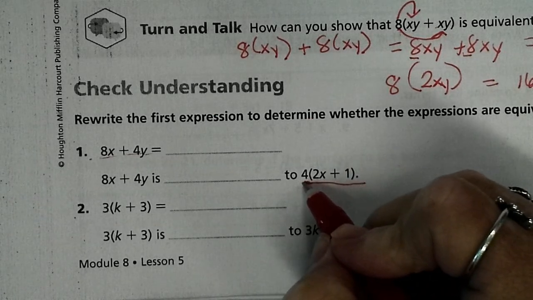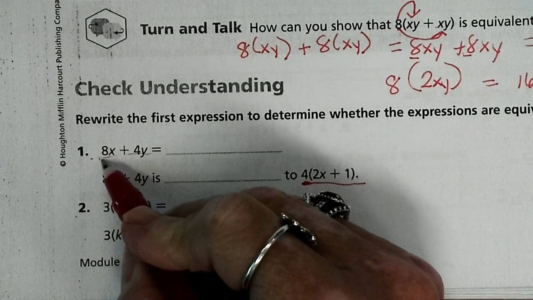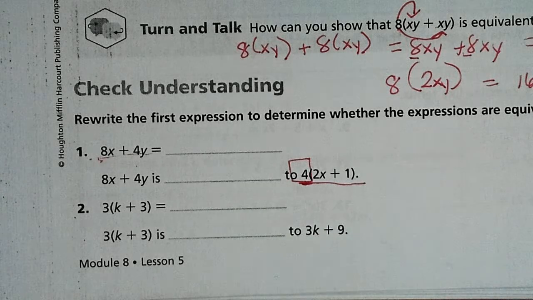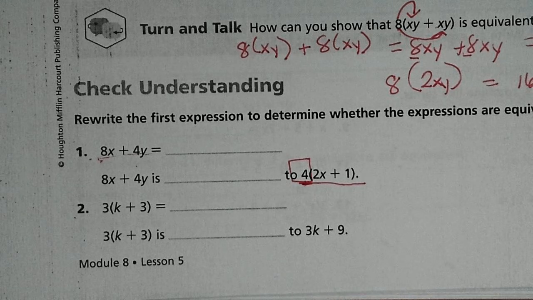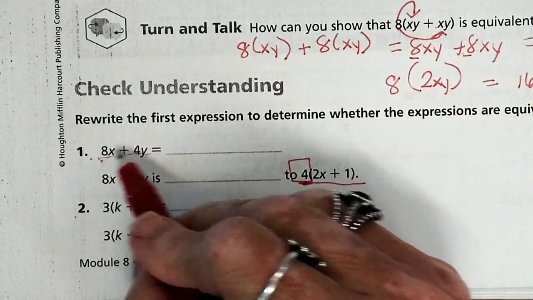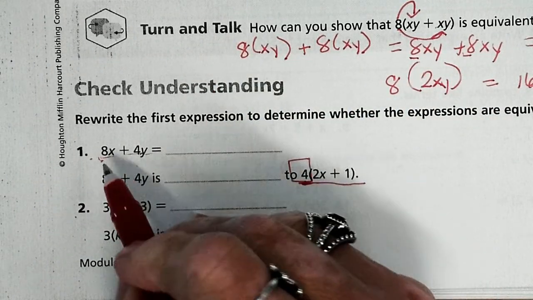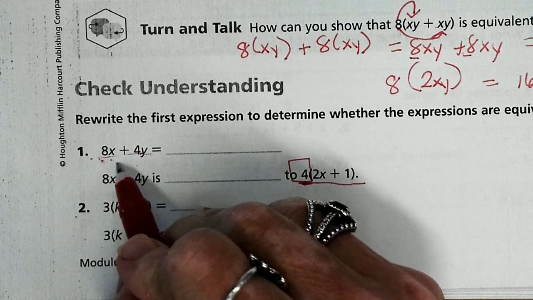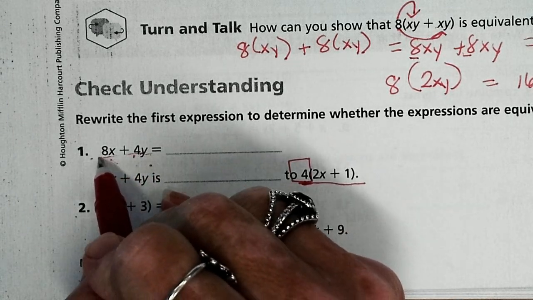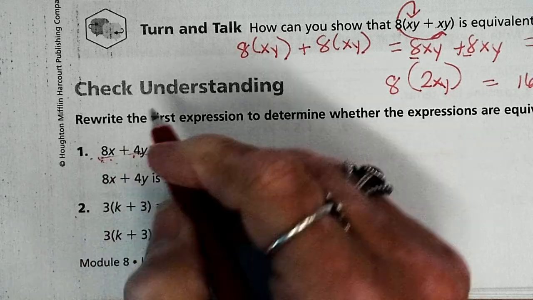If this is my equation, 8x plus 4y, what did they take out? 4. Because that is what is in common between 8 and 4. My variables aren't in common, but the number 4, because I can divide 8 by 4.